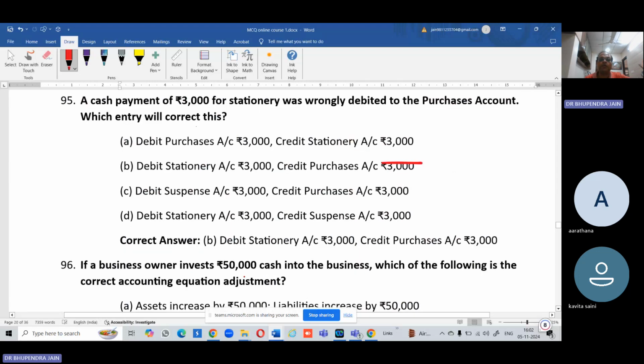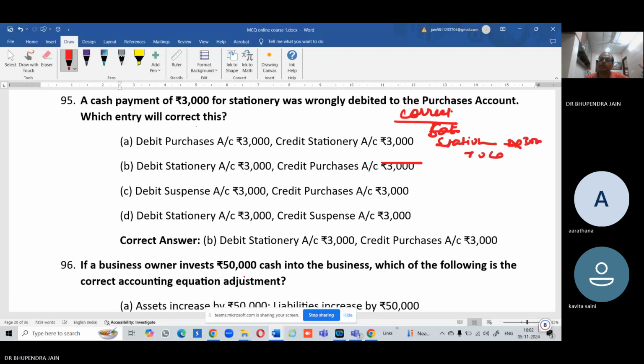A cash payment 3000 for stationery was wrongly debited to the purchase account. What should be the correct entry? So the correct entry should be stationery account debit 3000 to cash 3000.